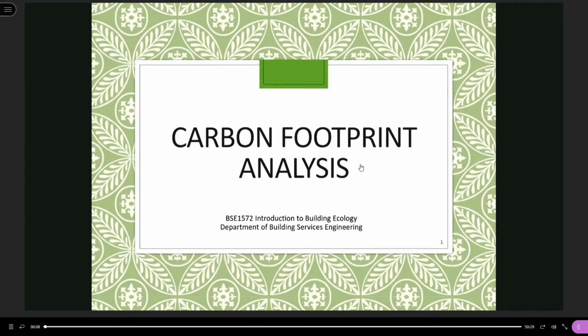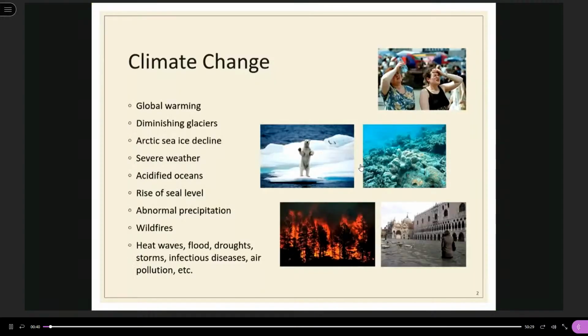So today's lecture is on carbon footprint analysis. This is a hot topic this year because last year and this year there were many incidents. We have some natural disasters like the wildfire in Australia and in Amazon, and also we have the heat waves in Europe, and we all notice that the air temperature is getting higher and higher.